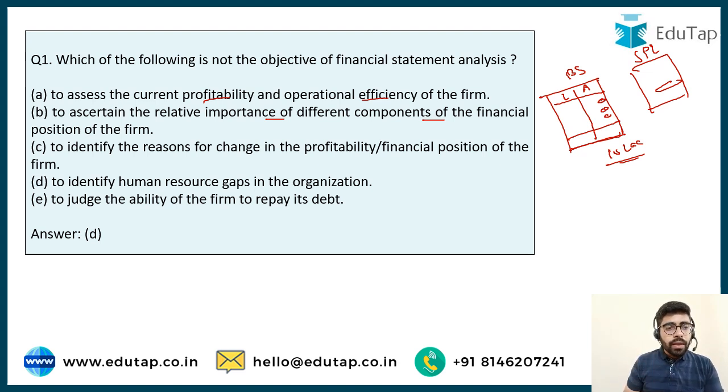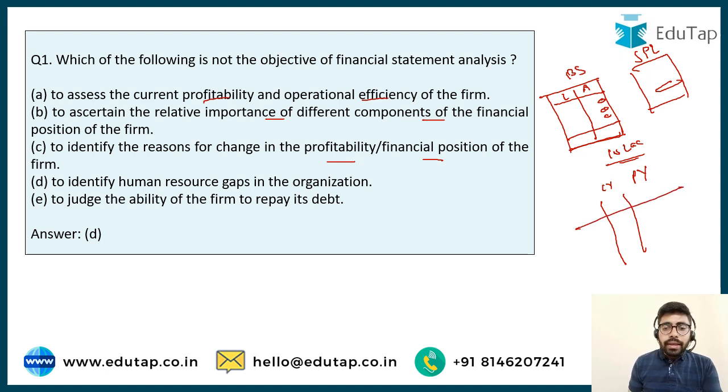We can also identify the reasons for change in profitability or financial position of the firm. Now, a very important point here is that whenever we take a look at the balance sheet or the profit and loss statement of any company, you would see that the figure of the current year is mentioned and along with it the figure of previous year is also mentioned.